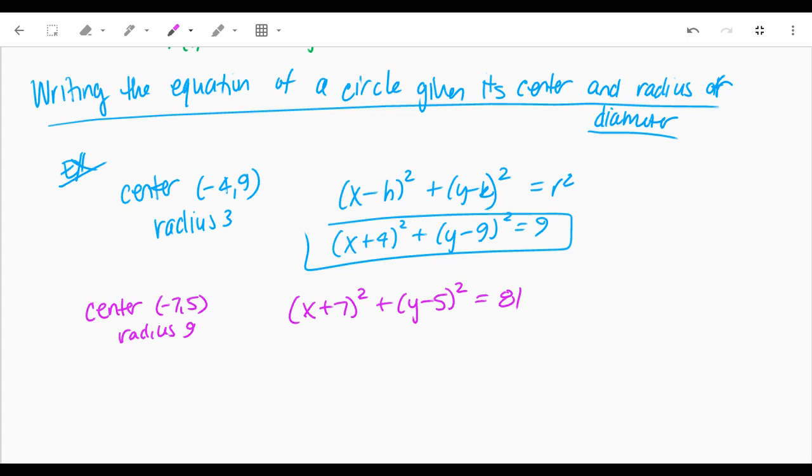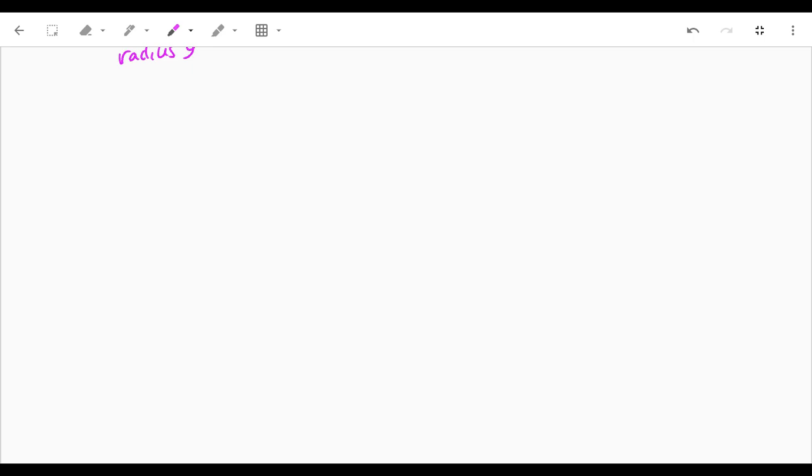One more topic, and then we are done with Module 8. We're going to write the equation of a circle given its center and a point on the circle.